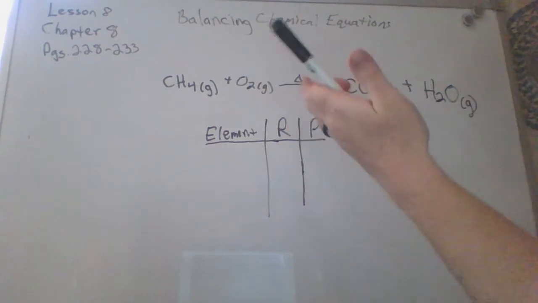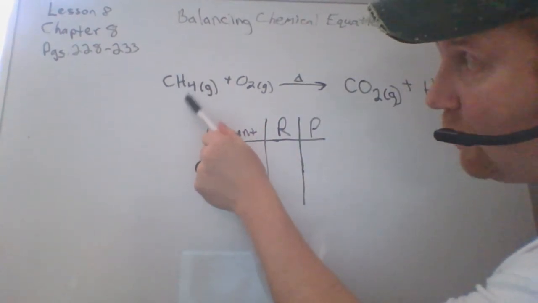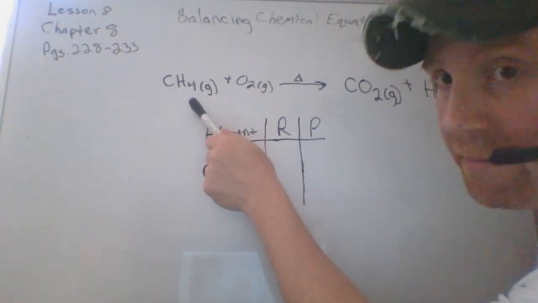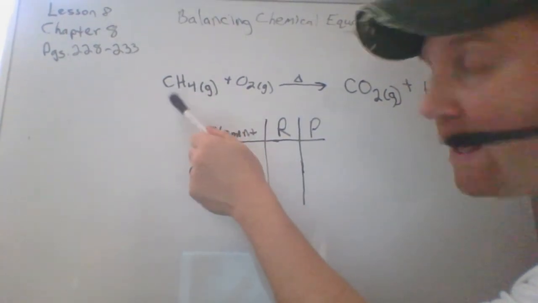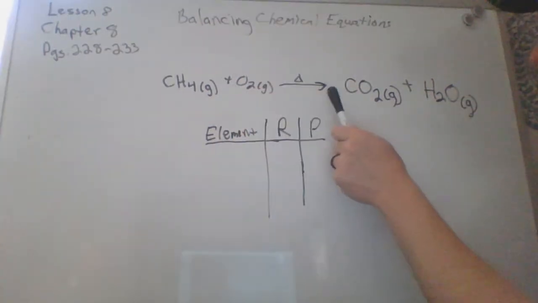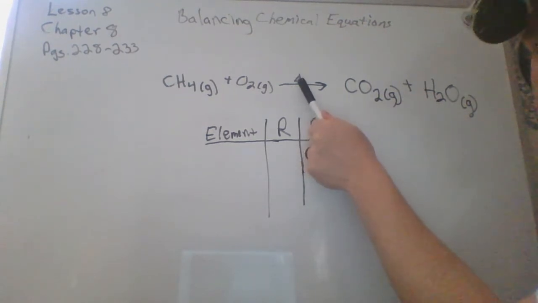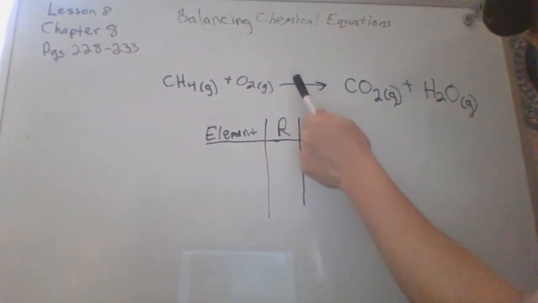The problem on page 228 states methane gas, which is CH4, and it tells us what methane is, so you didn't need to have that memorized. Added to oxygen gas will yield, there's our yield arrow, and if you're wondering what this triangle is, this delta symbol, it just means a chemical change.